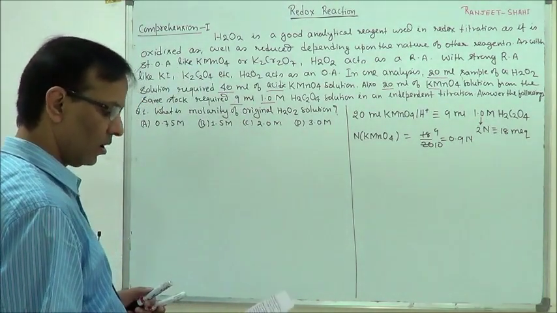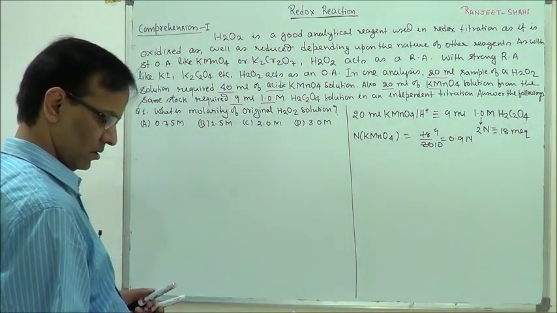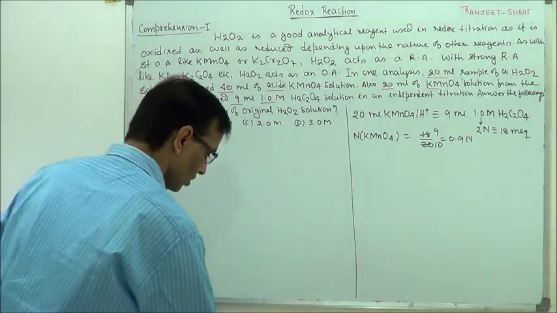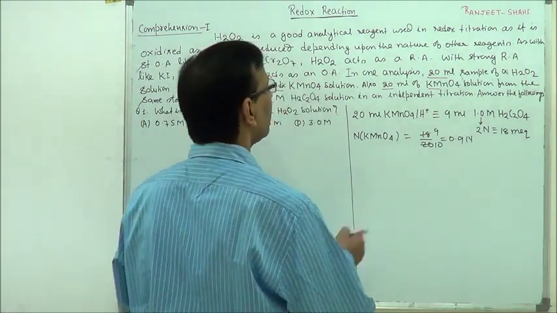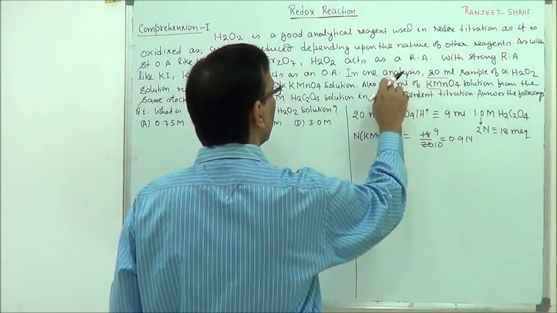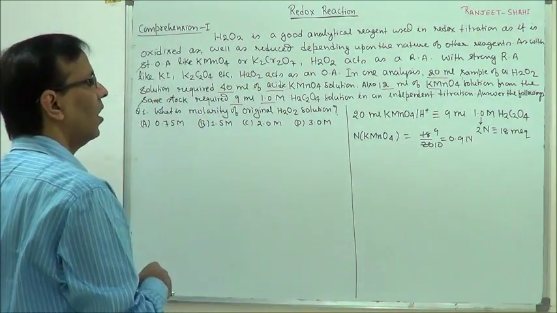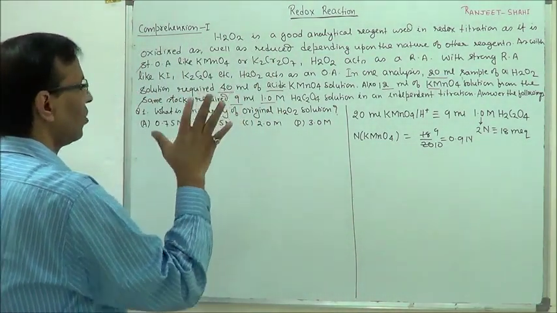I think something wrong is entered there. It is not 20 ml, I am very sorry, it is 12 ml. That's why I was thinking there is no correct option here.